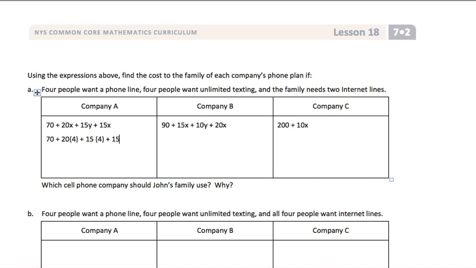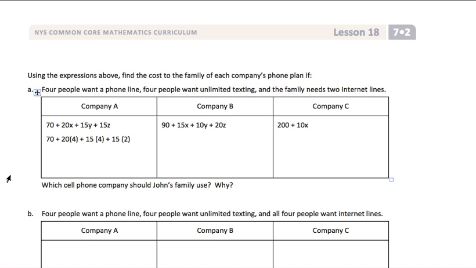And finally, 15 times z, and z represents the number of internet access lines. In this case, the family only needs 2 internet lines, so we'll put 2 in parentheses.